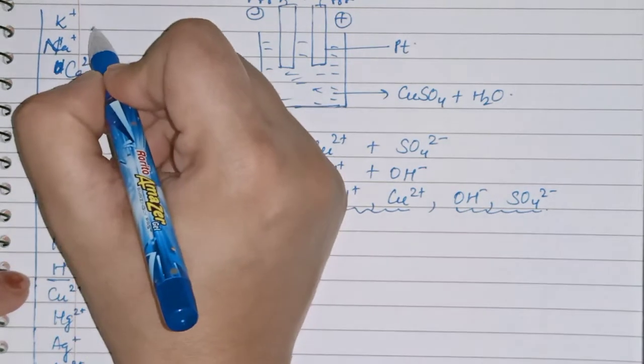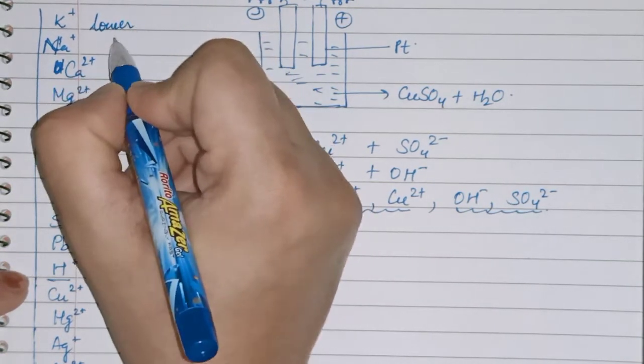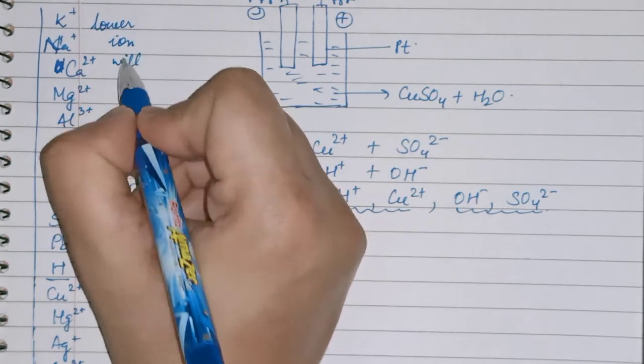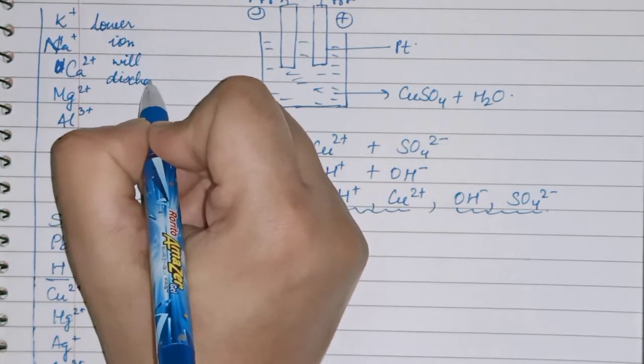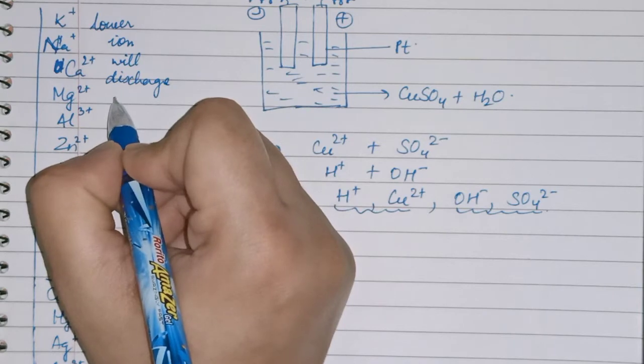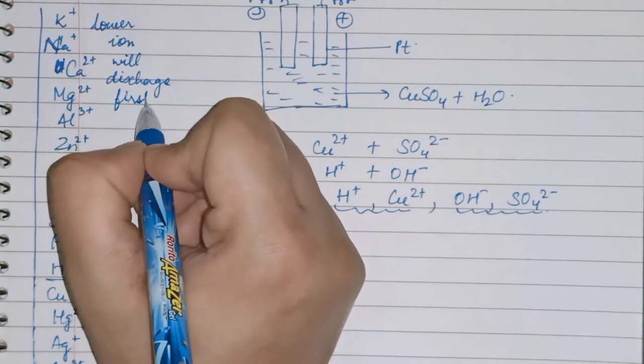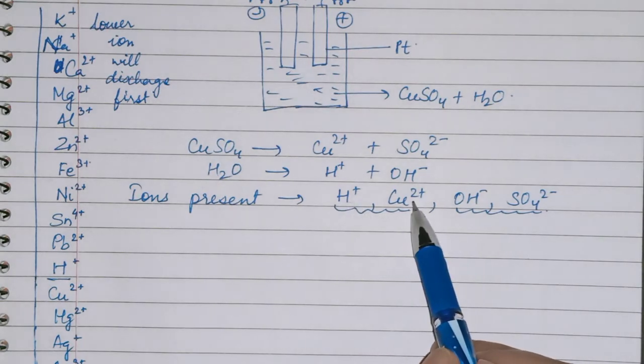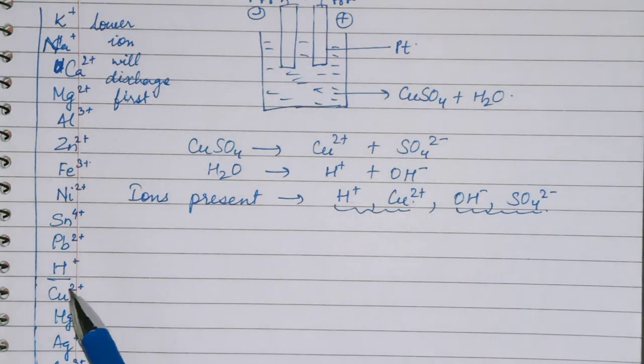You can write it here that the lower ion will discharge first. So if there are two ions, H plus and Cu2 plus, see which one is lower in the series?